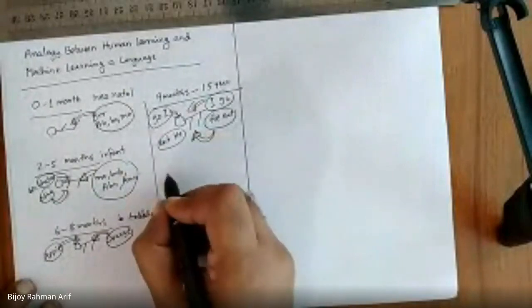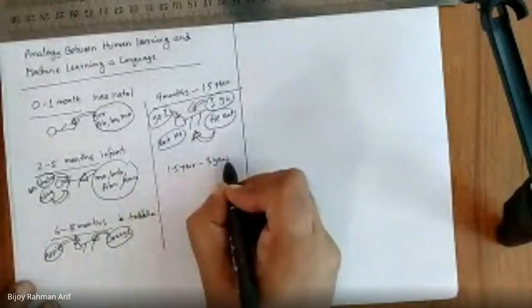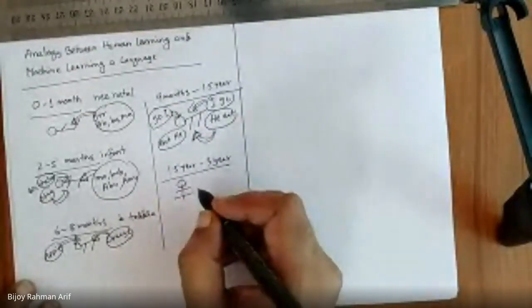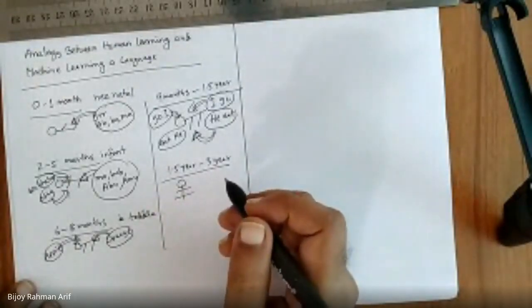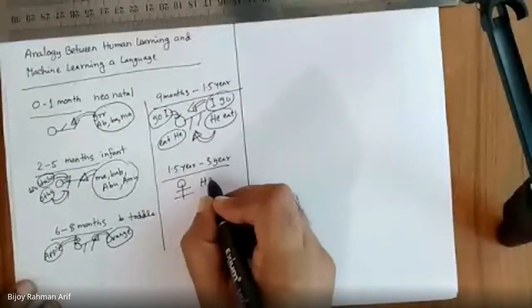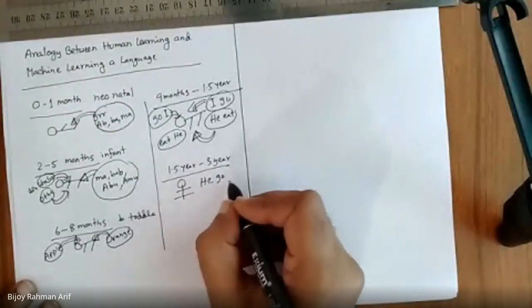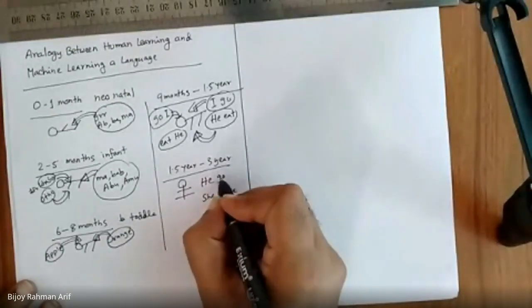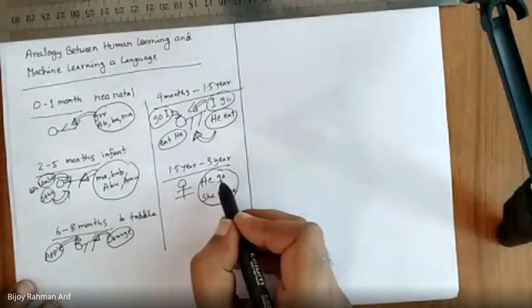After that, let's say 1.5 years to 3 years, they are getting very mature. Then they can almost correctly utter structurally correct sentences, like he go. There might be some problems, for example, he says he go, then she make. Those are not grammatically fully correct, but structurally correct, because here we have the subject, verb, and object.